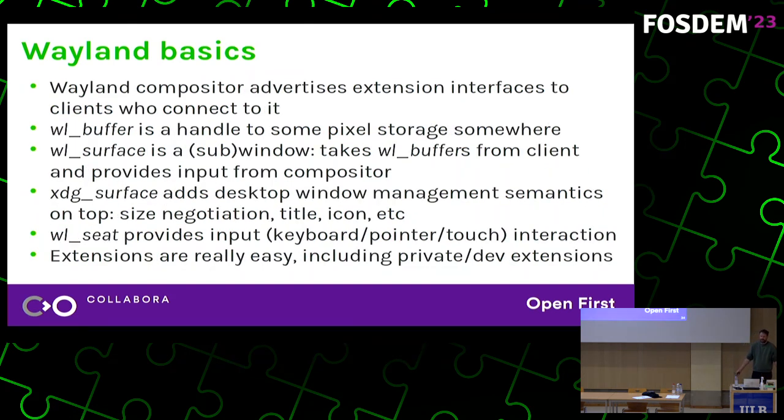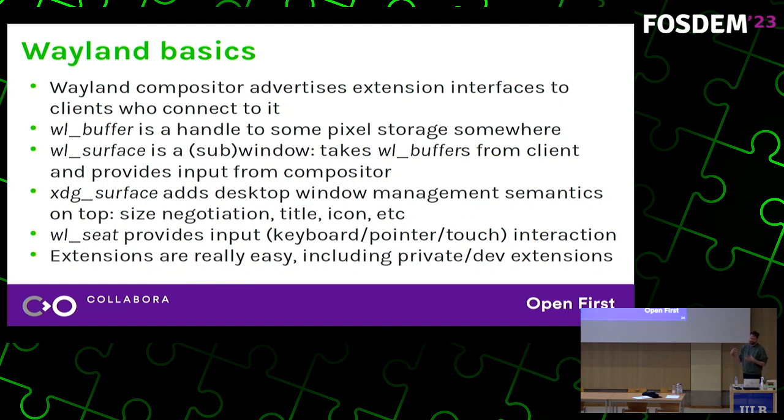And yeah, it's just a large collection of essentially all extension interfaces. So, wl_buffer is much like a frame buffer. It's a handle to some pixels somewhere. No other information, just width and height. A wl_surface is a window, can be a pop-up, can be an application window, can be a subsurface.